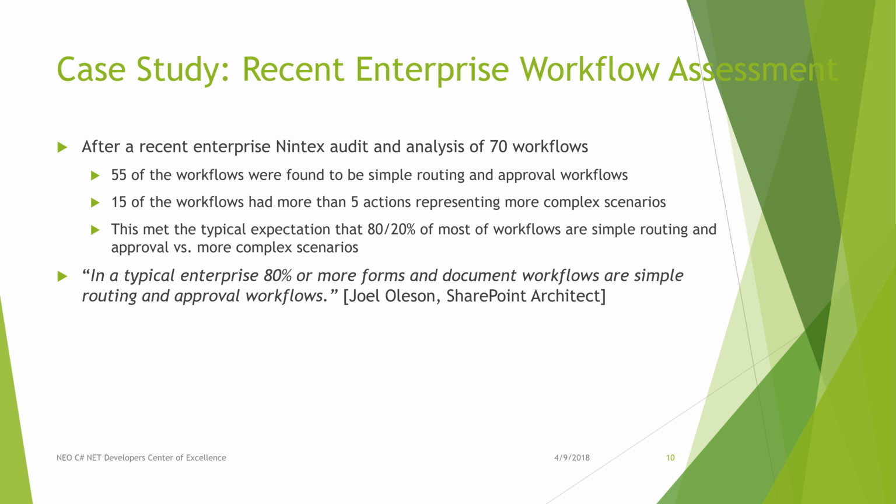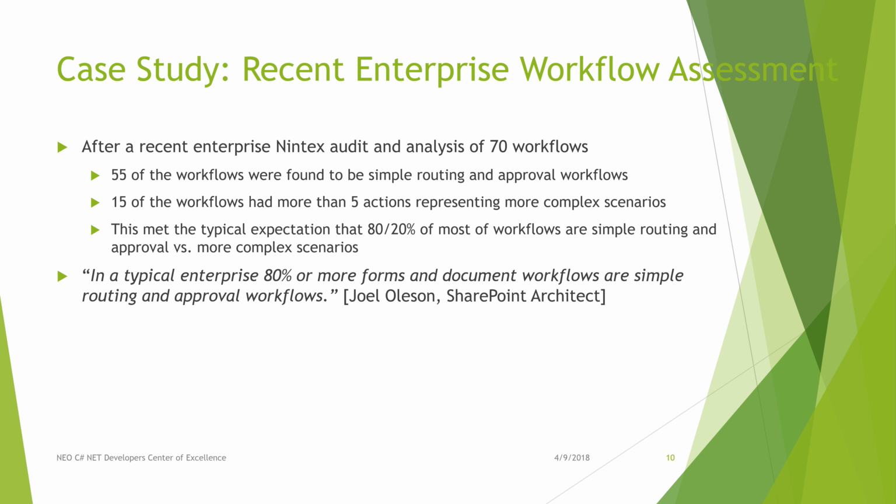Here's an example from a recent enterprise workflow assessment that was conducted for a mid-size American company. They had an audit or an analysis performed of 70 of their workflows, and they found that 55 of them were found to be of the simple routing and approval variety, just like we talked about for NEP5R. 15 of the workflows had more than 5 actions or steps representing more complex scenarios.